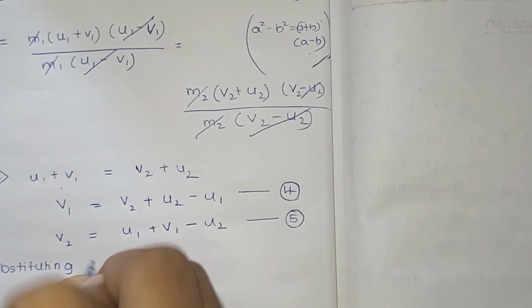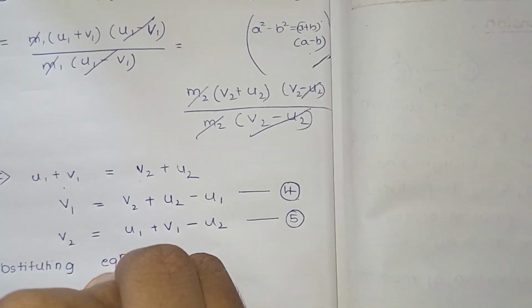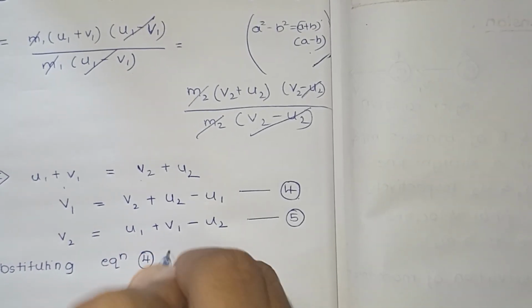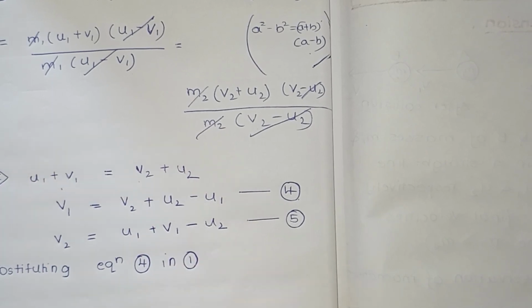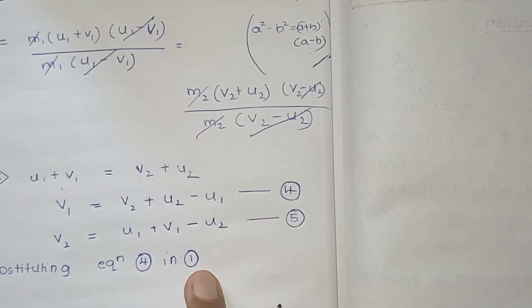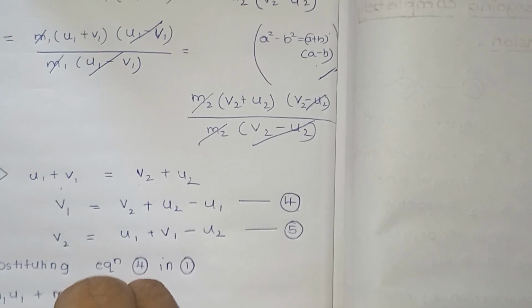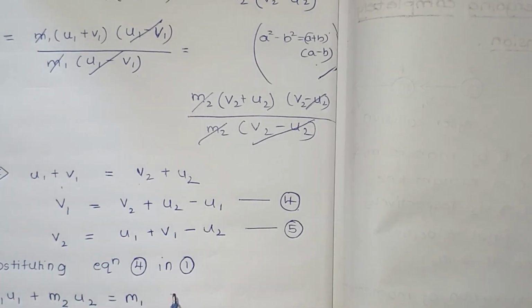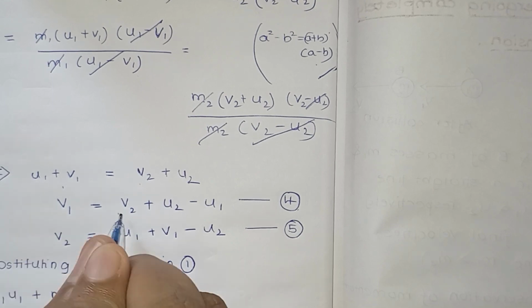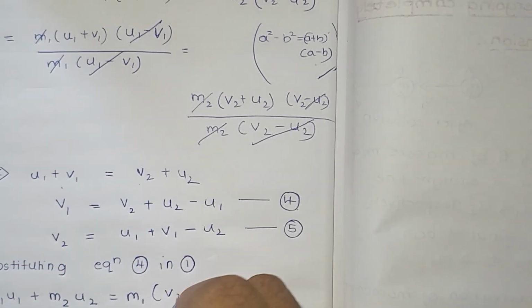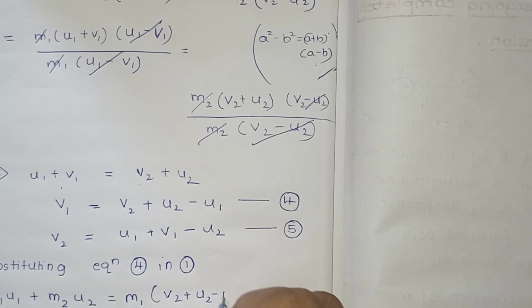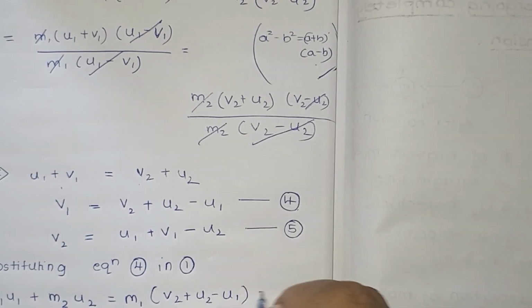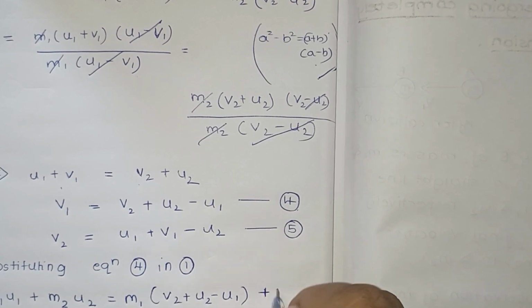This is equation number 5. Now substituting equation 4 in equation 1, which is m1 u1 plus m2 u2 is equal to m1 v1 plus m2 v2, we substitute v1 equal to v2 plus u2 minus u1.